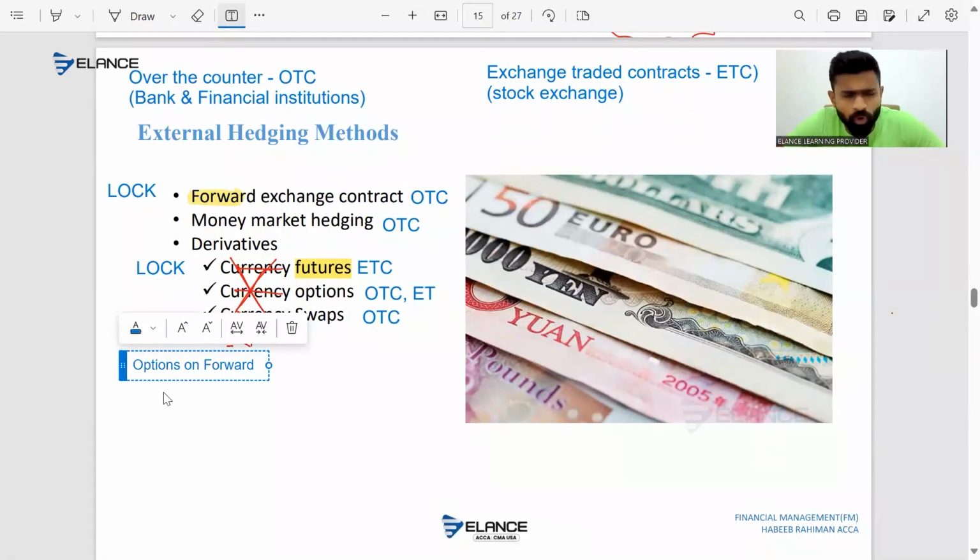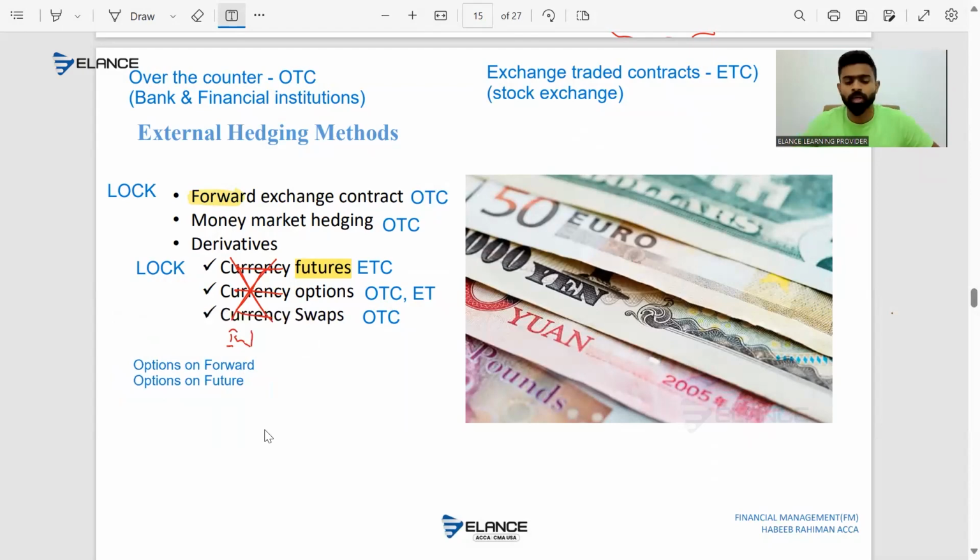So if the examiner says options on forward, is this an option we took from the exchange traded or over-the-counter? These are over-the-counter options. Okay, excellent. And the examiner could ask options on futures. That means they are exchange traded options.